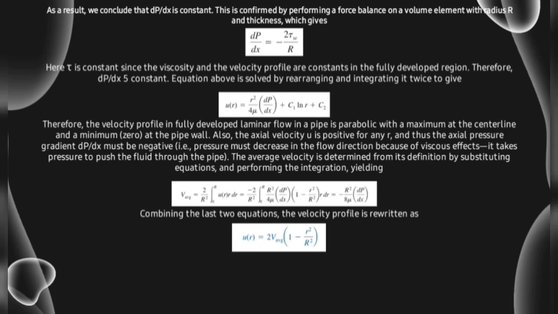The average velocity is determined from its definition by substituting the equation and performing the integration, yielding the equation below. Combining the last two equations, the velocity profile is rewritten as u(r) equals 2 V average times 1 minus r squared over R squared.